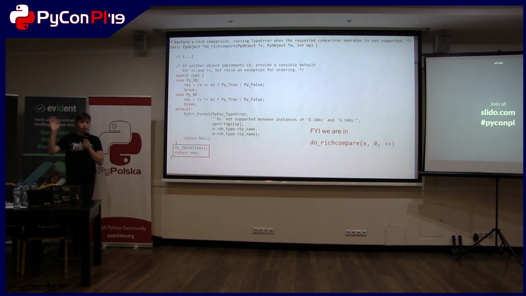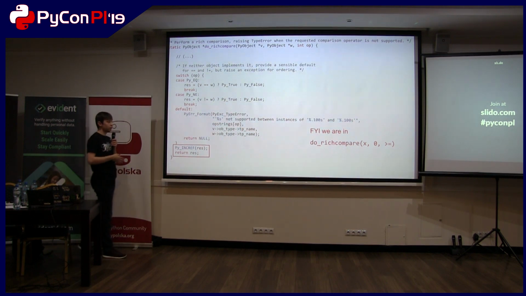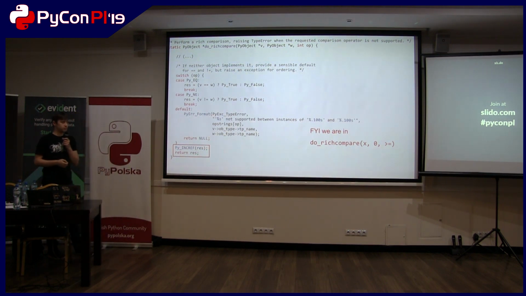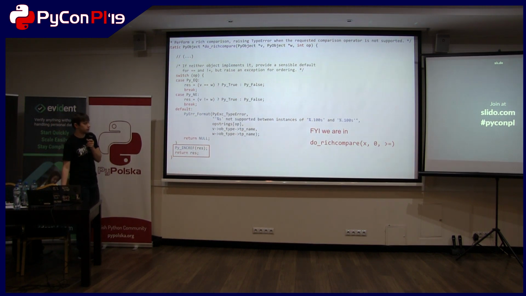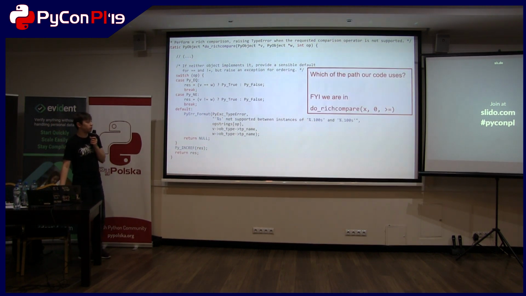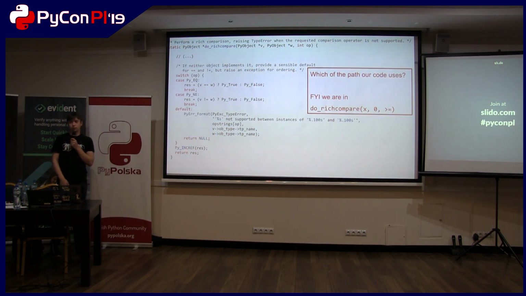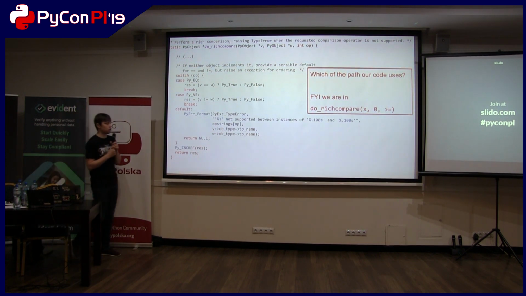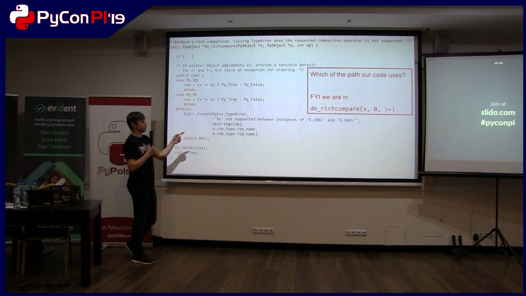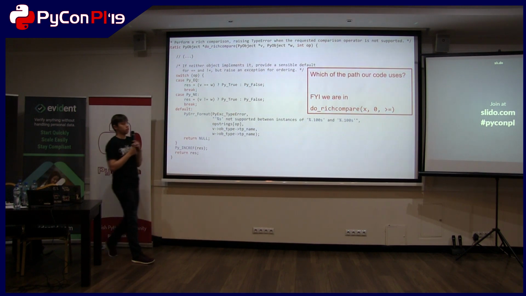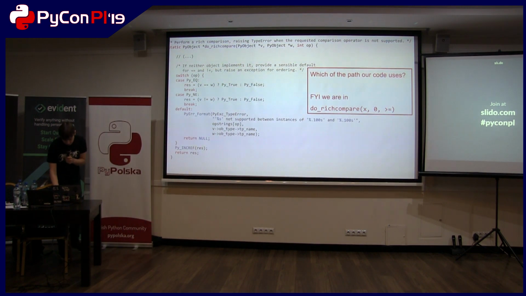And for your information, just to come back, where are we? We were in this compare opcode, then in this do_richcompare function right now, after some functions. And the question is, which of the paths of this code will we use here when this do_richcompare was called with x, 0, and the operator of greater or equal than.